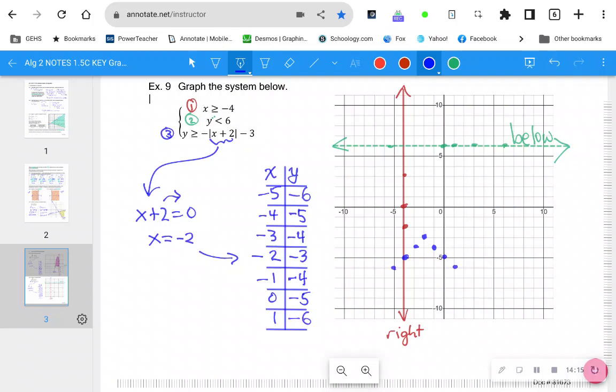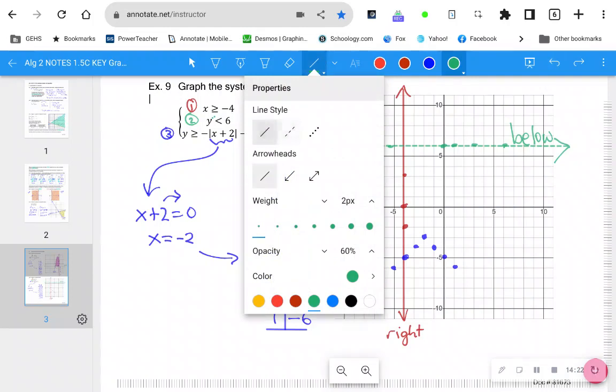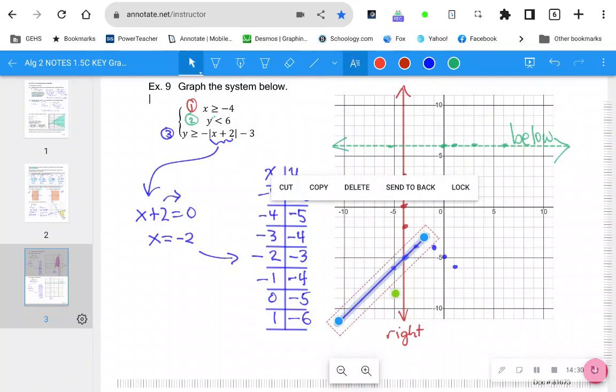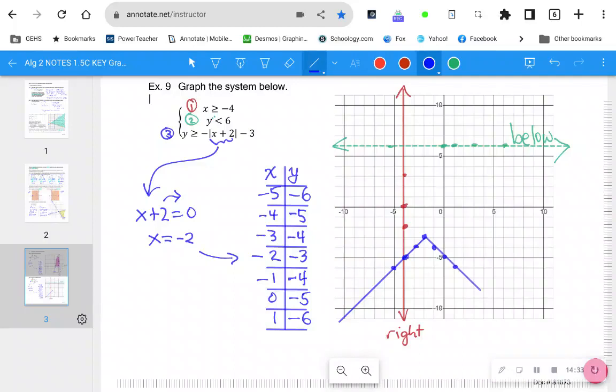It's a V. Now with the or equal to there, it'll be a solid border. I'm going to choose that option on my program here. And, wrong color. Okay, so this absolute value function goes down like this in both directions. V-shaped graph. That's what you get with these absolute value ones.